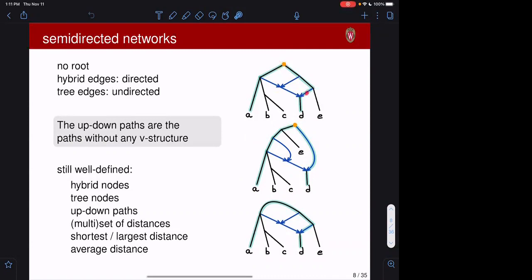And so here I have this edge that would be cut into two, one tree edge and one hybrid edge. And the up-down paths are going to be the same with the same length, right? And so what's still well-defined in the semi-directed network are all the up-down paths, and from there, all the sets of distances, and from there, the shortest and the average distance.